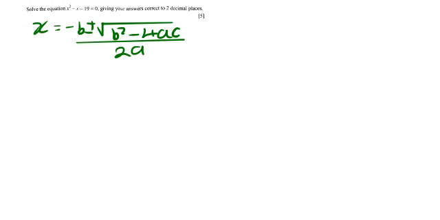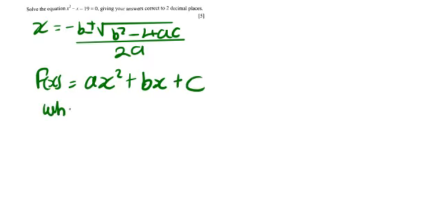You are going to understand that any quadratic equation must be in the form of f of x equal to ax squared plus bx plus c, where a is the coefficient of x squared, b is the coefficient of x, and c is a constant.